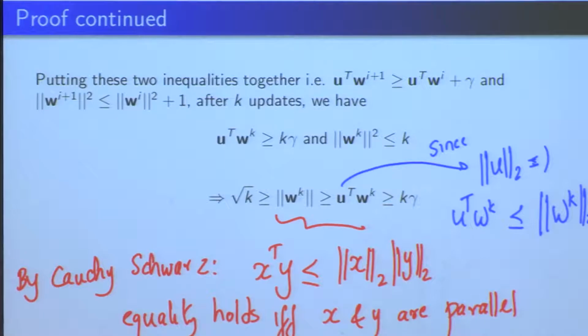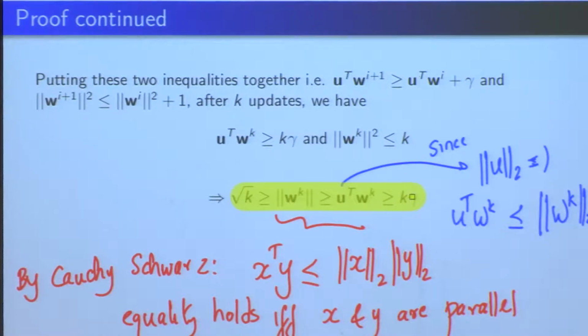Now does this help you? K is greater than or equal to... so where is gamma square going to come?